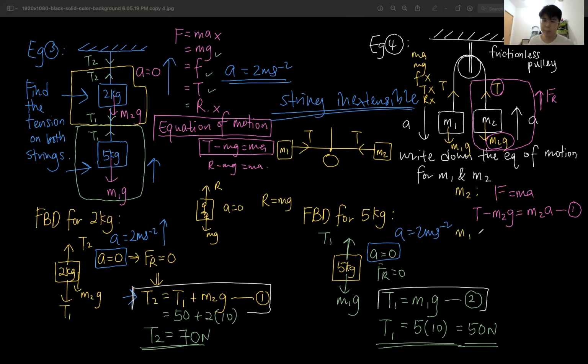Equation of motion for M1. Okay, we look at only this body. It is accelerating downward, so the resultant force is downward. M1G minus T equals M1A.